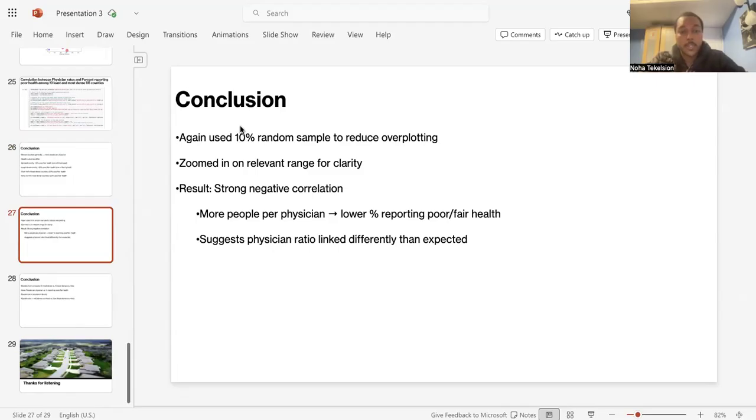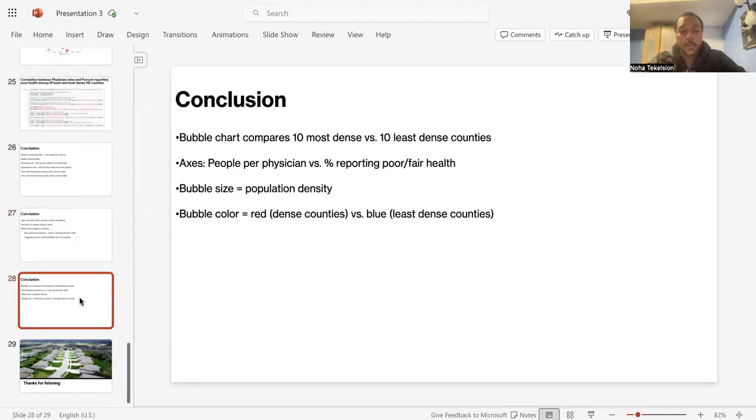just some more about the people per physician explanatory variable, some of the ratios there. And here the bubble chart comparing 10 most, 10 least dense counties. The size of the bubble is based on population density, our population density variable taken from the original data set.